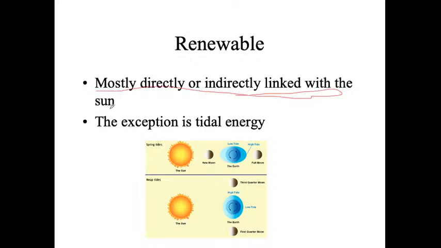We're somehow harnessing the power of the sun and creating energy. An exception would be tidal, which is actually coming from the moon and the gravitational effects of the moon. But other than that, all of our renewable energy originated from solar, and even I would argue non-renewables originated from solar as well.